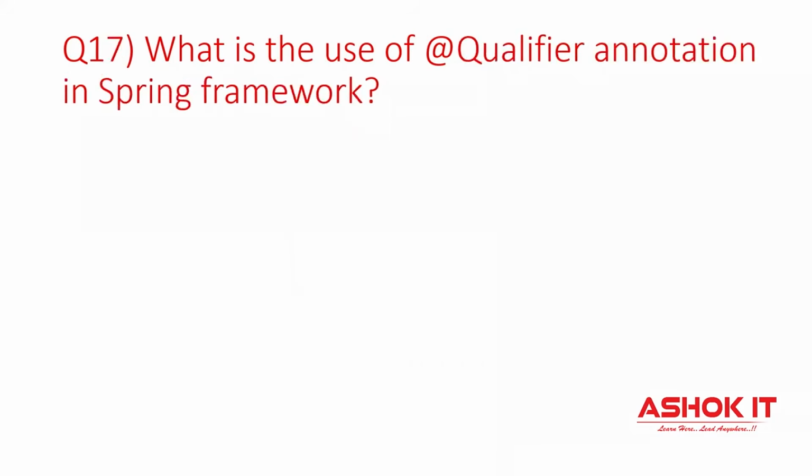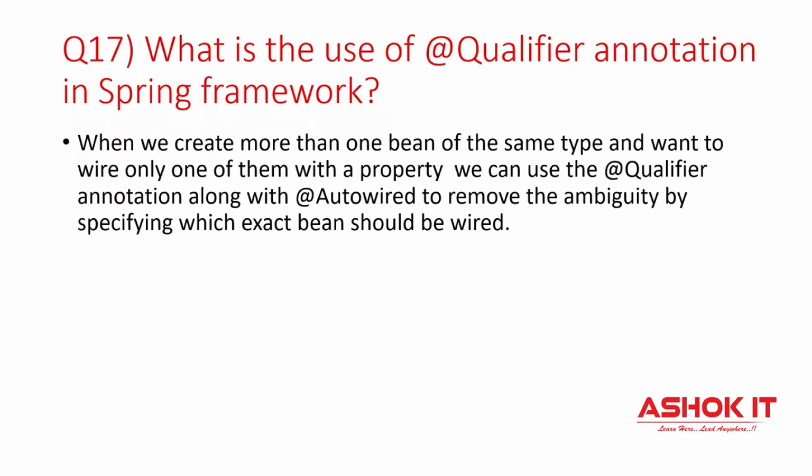Question number 17. What is the use of the @Qualifier annotation in the Spring framework? Generally, Autowired will search for the implementation object. If multiple objects are found, then we can choose one object of the child type using @Qualifier.